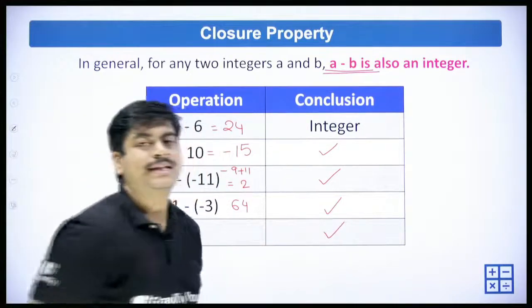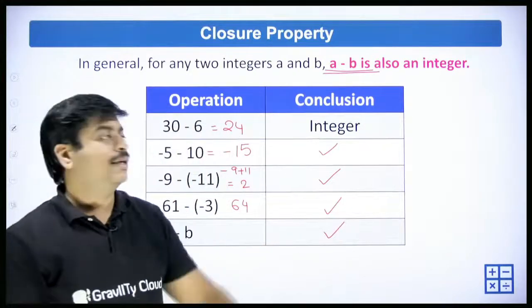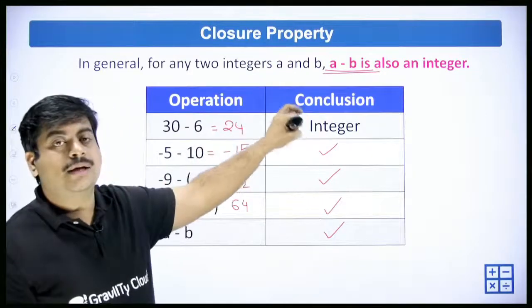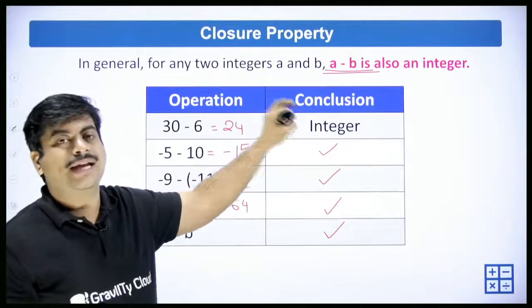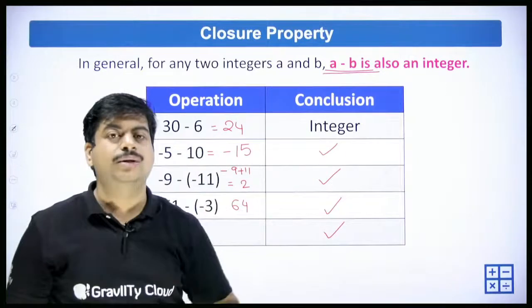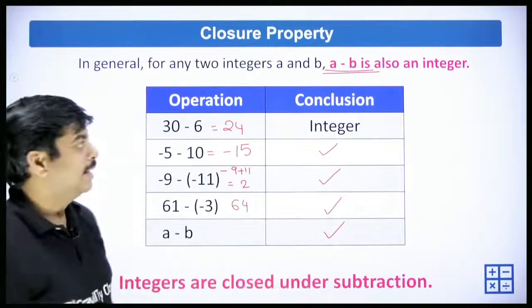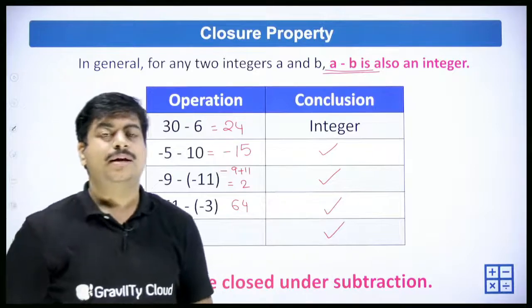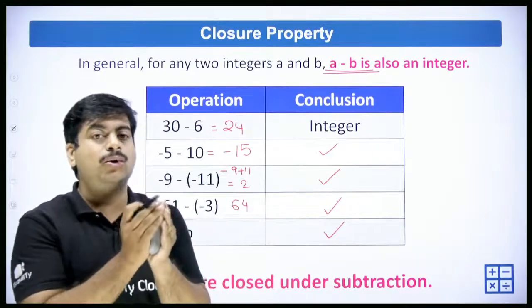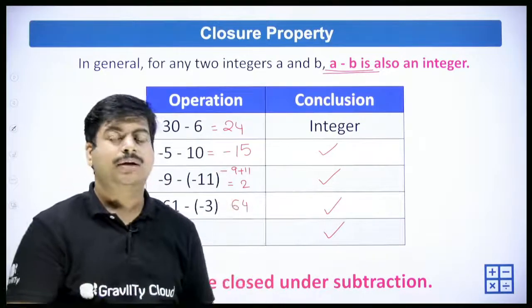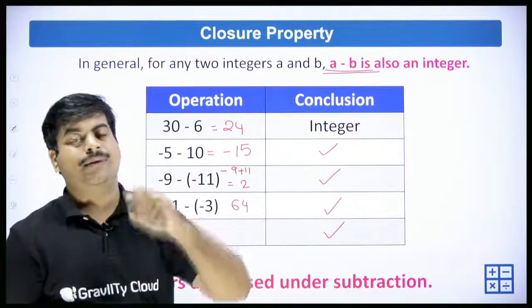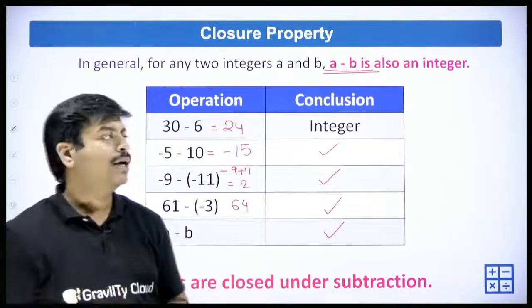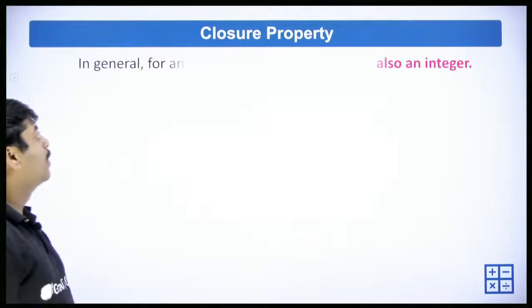So once again, what can I say? They are obeying the closure property. Integers are closed under subtraction. The previous slide: integers are closed under addition. Here, closed under subtraction. Let's move forward to the next one.